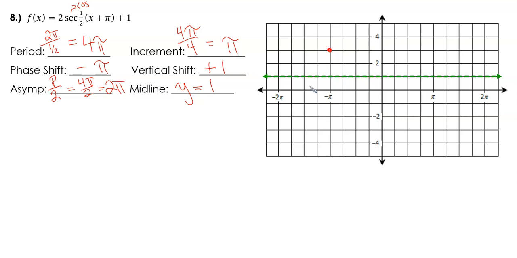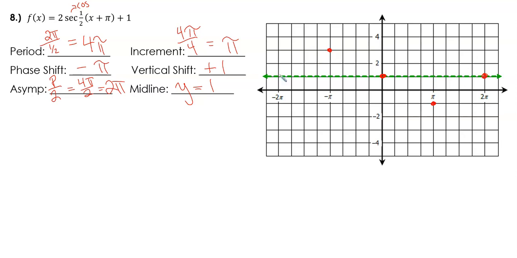All right, does that make sense? When we're looking here again, my phase shift is pi to the left, so I start at pi to the left. Cosine, when it's positive, starts at a high point, so my high point is 2 above the midline because that would be the amplitude. Now my increment here is pi. So I'm going to go pi and hit my midline, then another pi and hit my low point, and then another pi and hit my midline again.